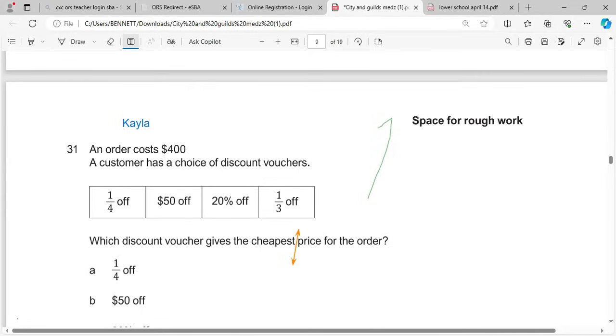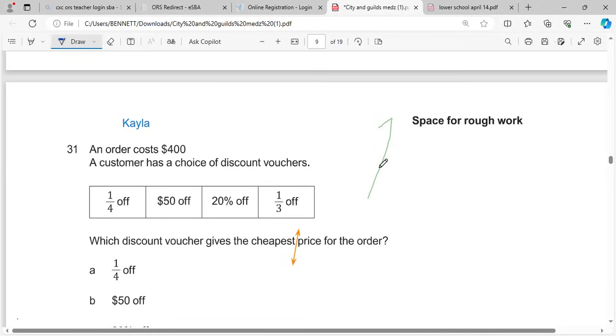So which voucher is the cheapest price for the order? Since you have to work out all of them to choose your answer, you have to do quarter first. So you just say 1/4 multiplied by 400. Tell us what you did. Just tell us.